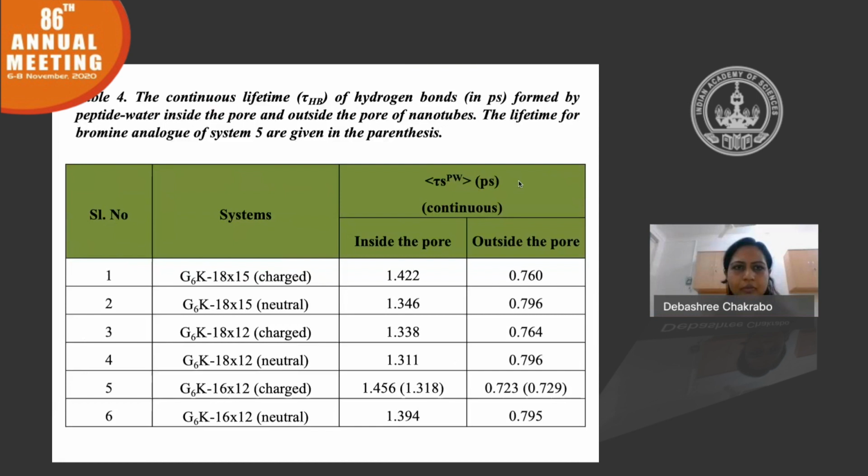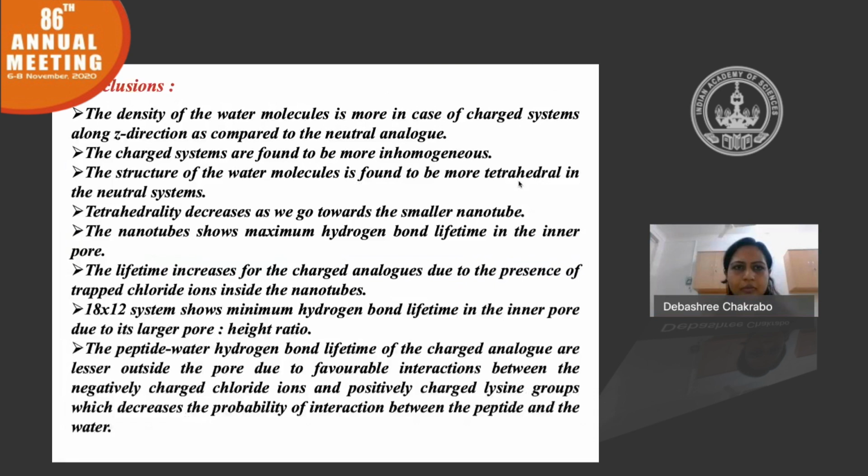Therefore, we can conclude that the density of the water molecules is more for the charged system along the Z direction compared to the neutral analogs. The charged systems are found to be more inhomogeneous. The structure of water is found to be more tetrahedral in the neutral system.